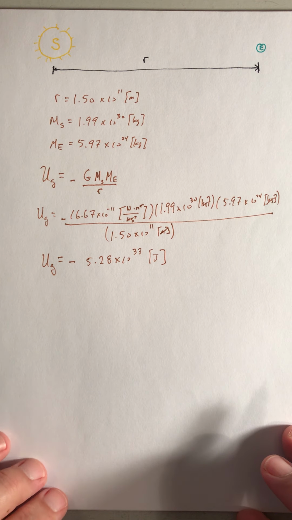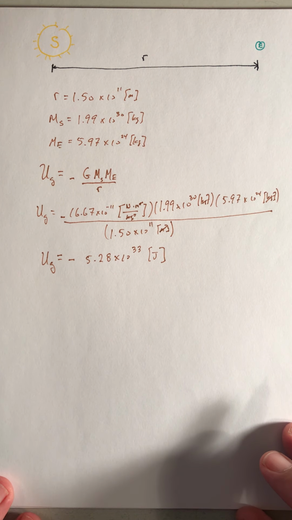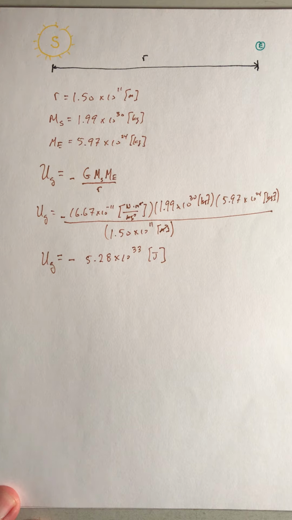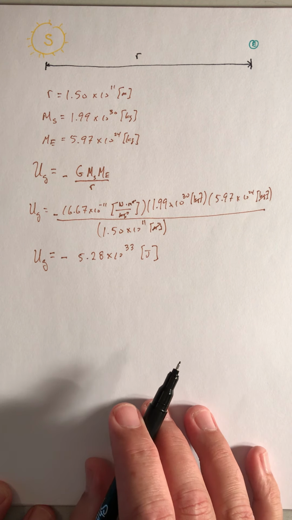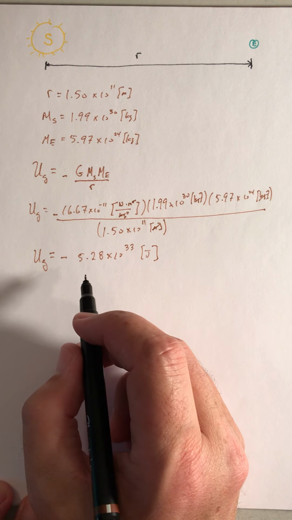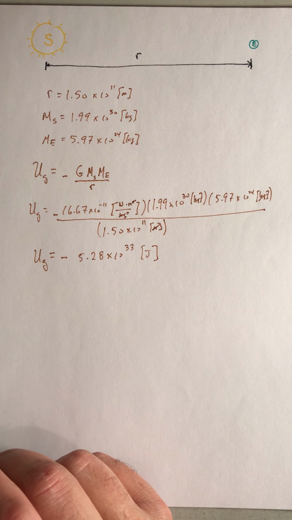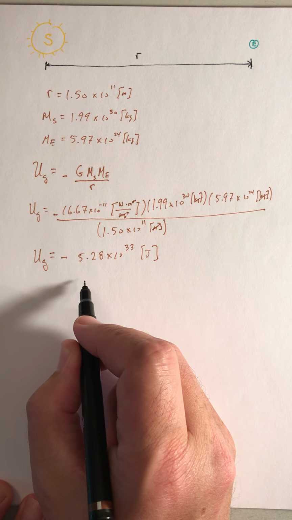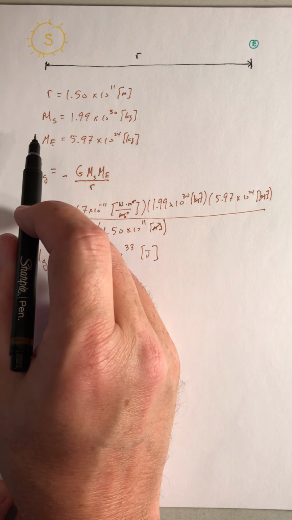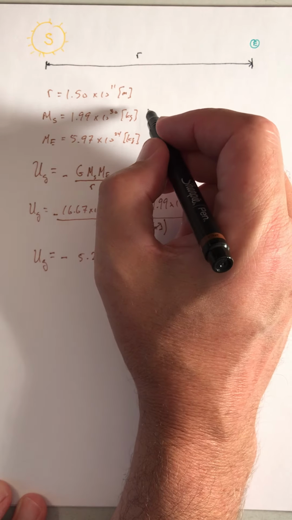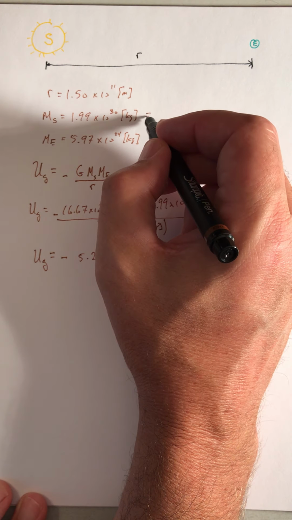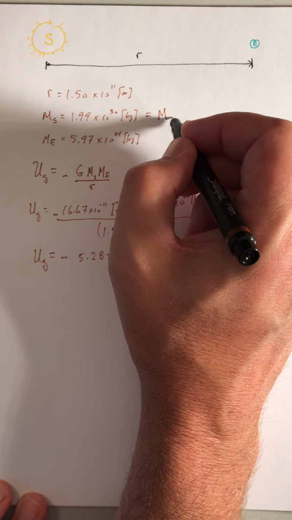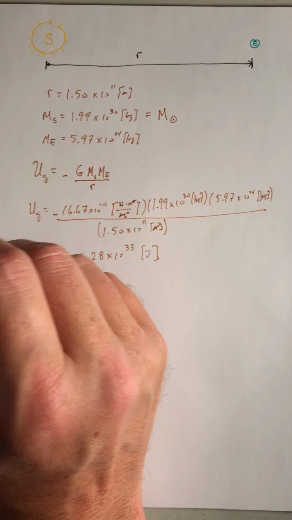Another thing I wanted to do in this video is go through just a little bit of notation that you'll sometimes see in my lecture notes, and you might see some other places, that looks a little strange, but it's a nice little shorthand. So for objects in our solar system, instead of writing out mass of the sun, you might see that as capital M, circle with a dot.